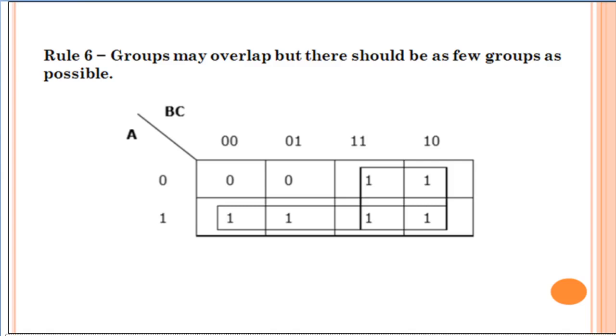Group number 6: the groups may overlap, but there should be as few groups as possible. That means we have to reduce the number of groups. Clear? According to this rule we have to minimize our groups.